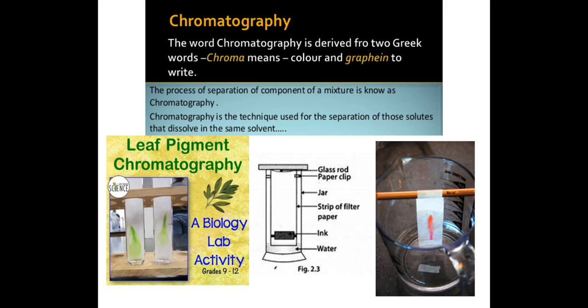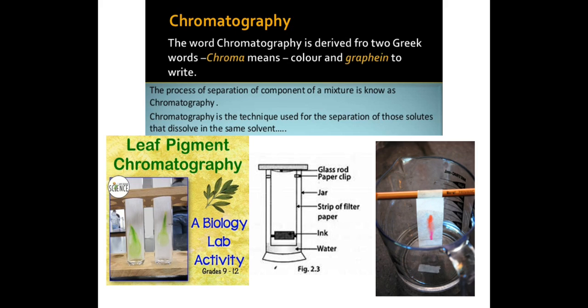After some time, let's say 8 or 10 minutes, you can see this type of structure, different dyes. The solute which is most dissolvable will rise faster as compared to others.